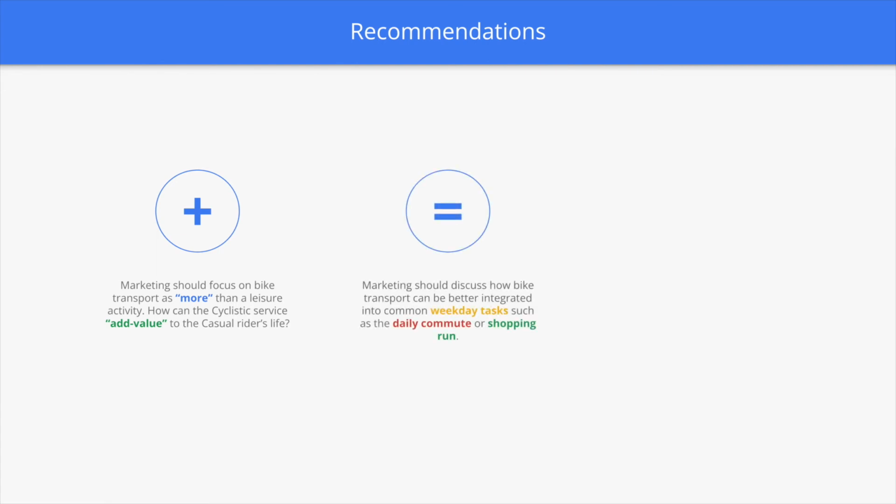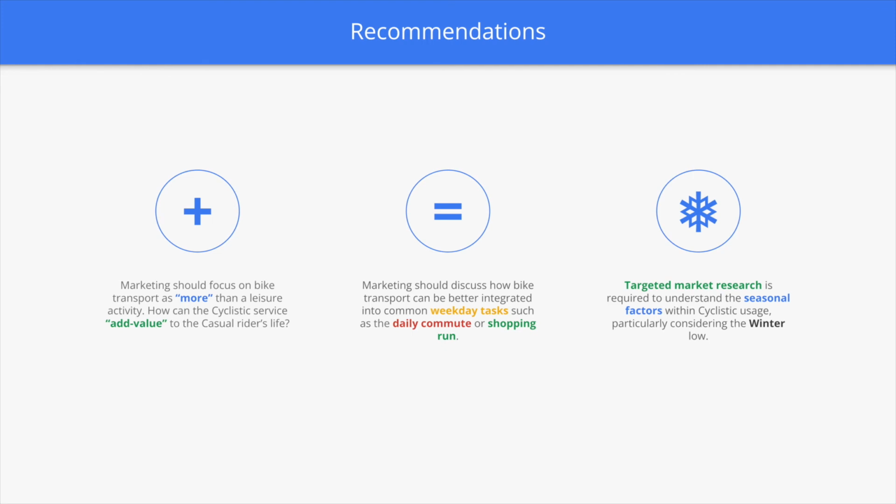The second point is about making an argument around the practicality of Cyclistic's service compared to other transport alternatives. This would essentially help casual users see the potential of integrating Cyclistic into their day-to-day routine in a way that they hadn't seen before, getting them to better mimic the habits of member riders.